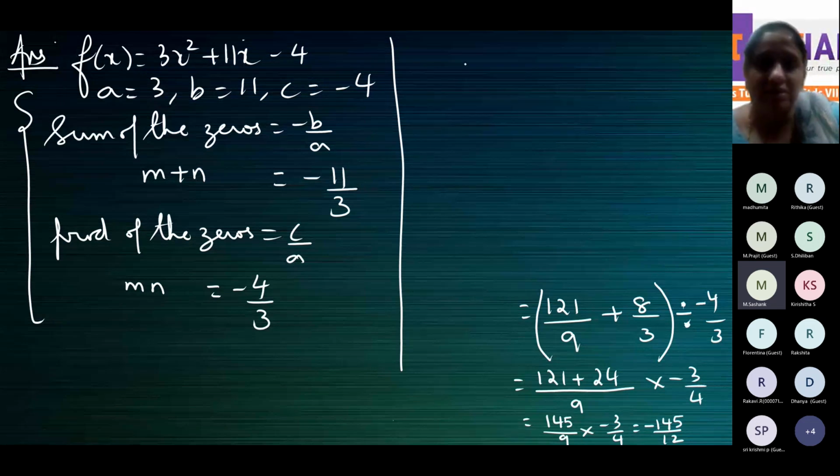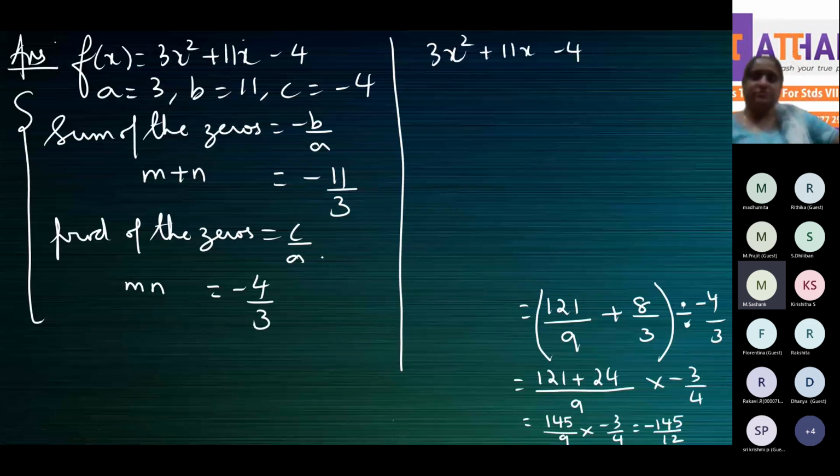The alternate method is, all of you should write the alternate method also. Please don't write just one of the two methods. Whatever you see on the screen must be in your book. So the alternate method is, you can take the polynomial and try to factorize it. So what's the polynomial? 3x squared plus 11x minus 4. Try to factorize this and tell me the two values of x.